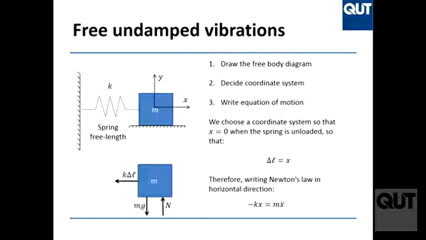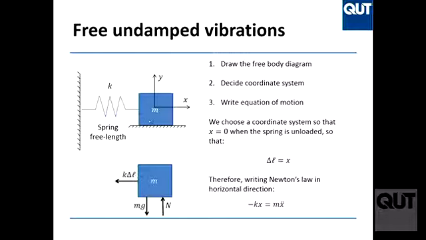In the vertical direction, it's not very interesting because there's the ground, so it's not going to move. I don't even write Newton's law in the vertical direction because I know y double dot is equal to 0, so I won't get much interesting motion there. I write only the horizontal one, so I can write m x double dot is equal to k delta L. How much is delta L?